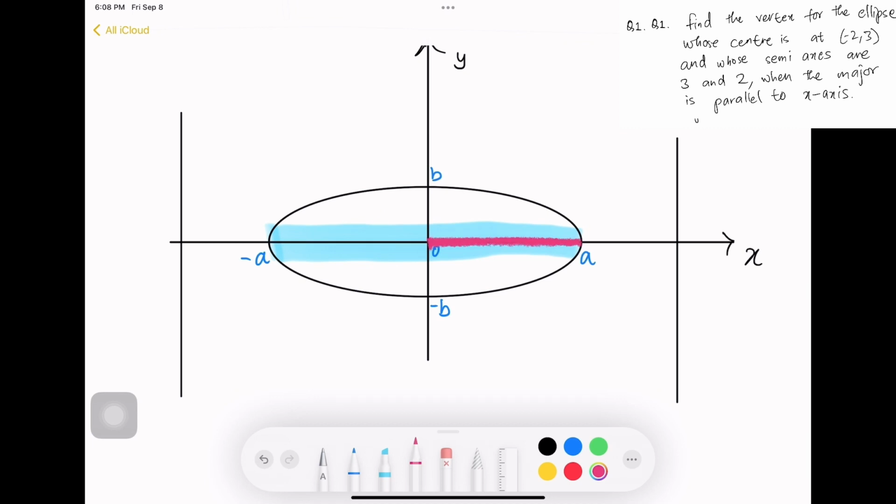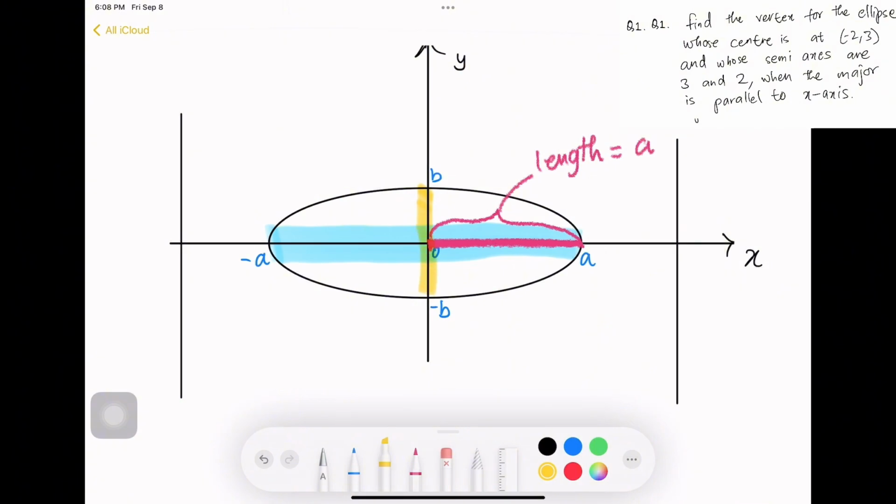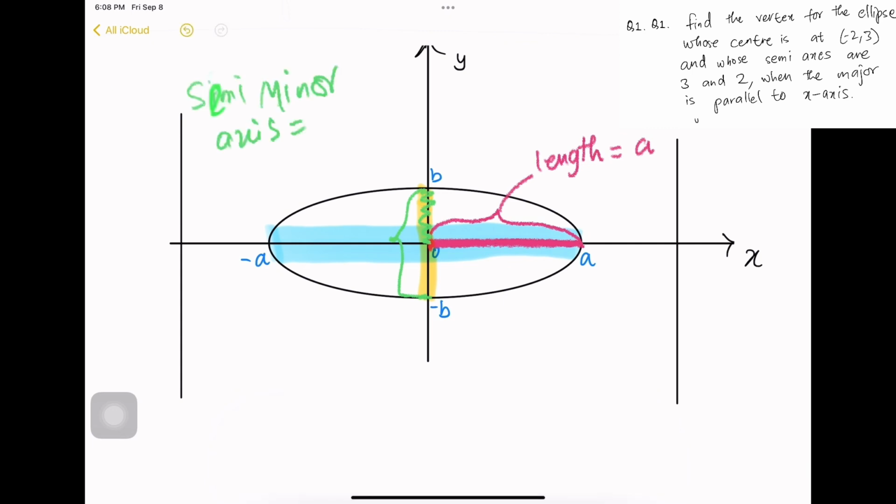So the semi-major axis length would be equal to a. This is your minor axis. Half would be the distance here, which is 0 to b. So the length of the semi-minor axis is b, right?